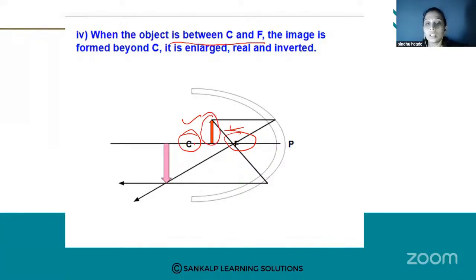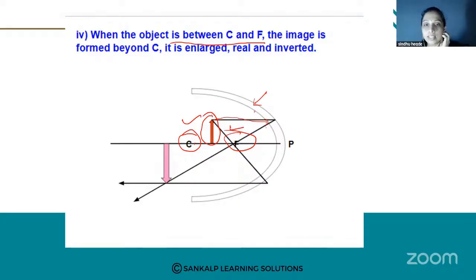Again, the light is incident on the surface. Remember, which type of mirror is this? It is a concave mirror because it bends inwards. So this is considered as the reflecting surface.